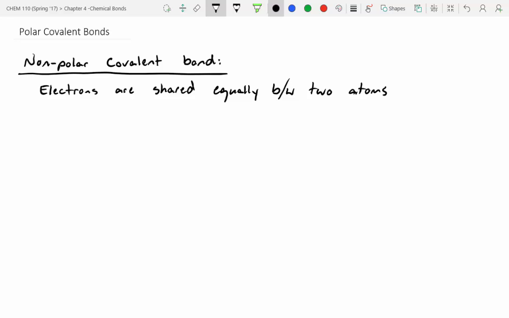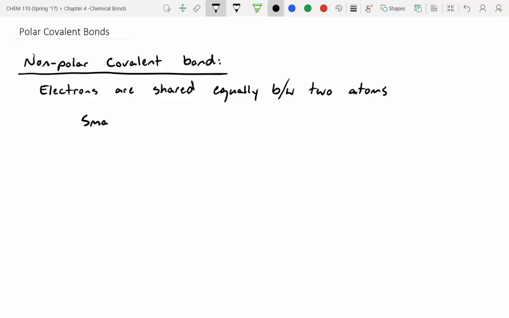The easiest way to identify a nonpolar covalent bond is to basically just go to that electronegativity table that we had yesterday, take the electronegativity value for one atom and subtract it against the neighboring atom. And if that difference is small, meaning between 0 and 0.5, it's considered a nonpolar covalent bond.